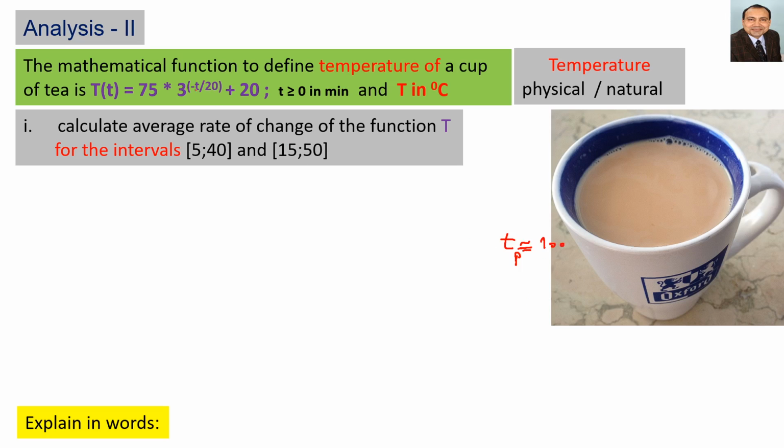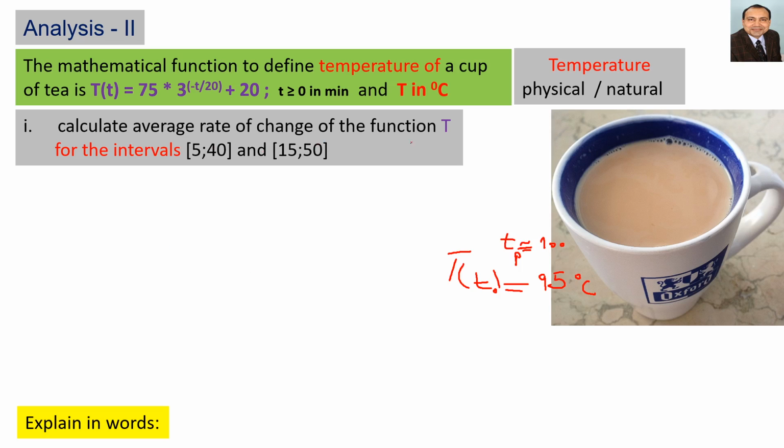So at t equals 0, at the starting time, the exponential term is 1. So you have 20 plus 75. So we have T of the cup of tea at the start as 95 degrees centigrade, the temperature at t equals 0, the starting time.